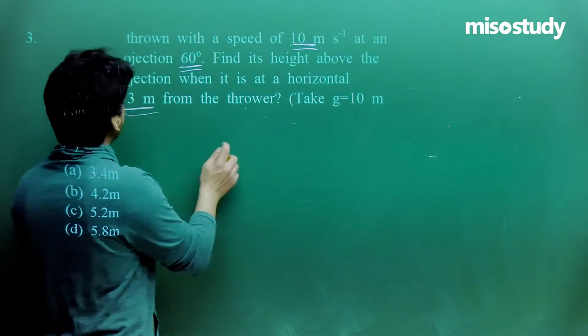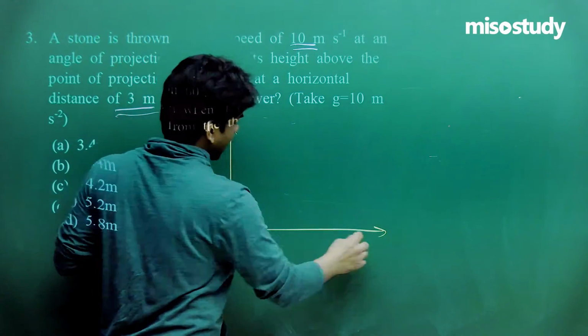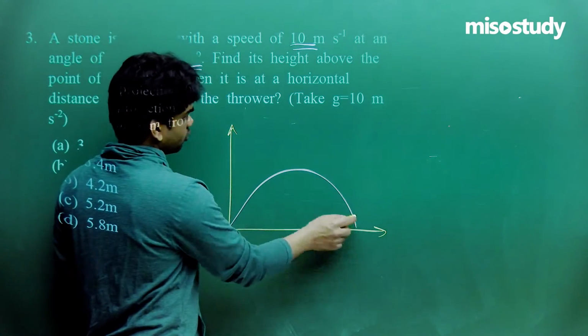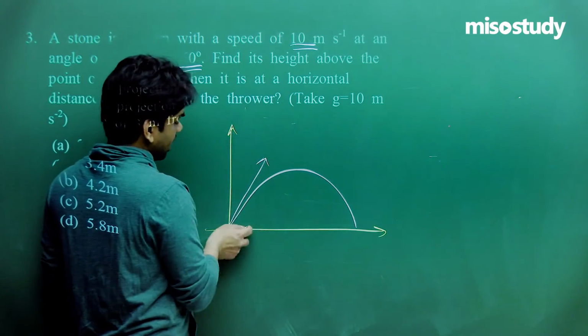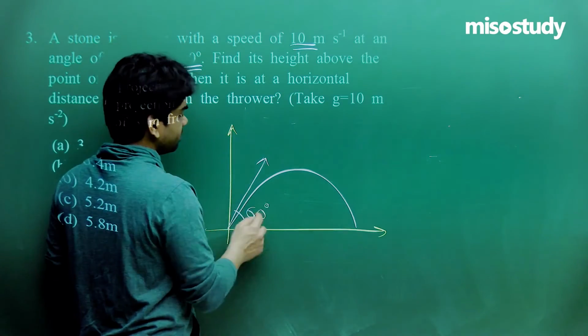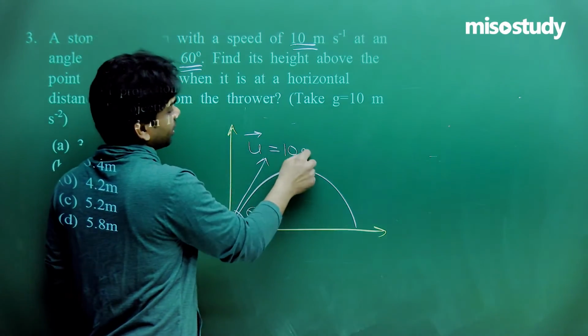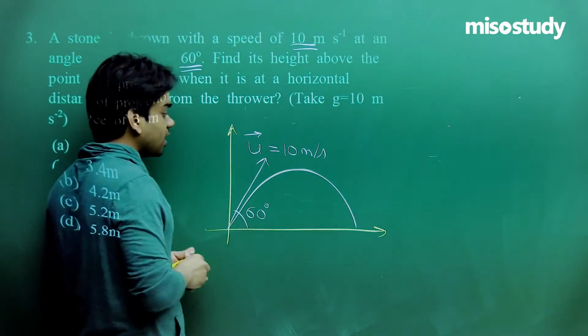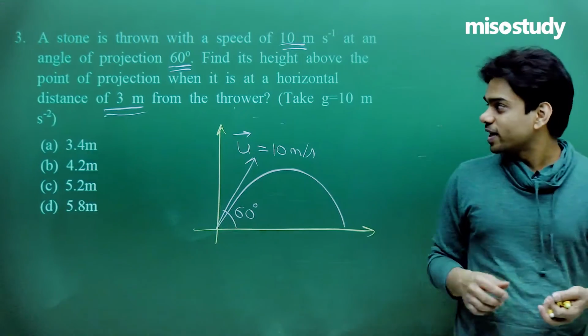You have projected it at an angle of 60 degree. So again, in the same way, I am drawing a projectile in this way. This is what has been given, that is this angle of projection, 60 degree. This is the initial velocity, given as 10 meters per second. Now you see here, it asks what is the vertical displacement when the horizontal displacement is 3 meters.